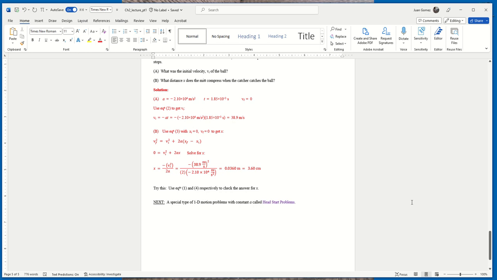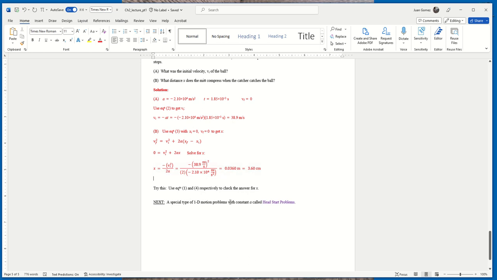Algebraically, solve for x. You want to bring the vi squared term to the other side. Just be careful, it now becomes negative. But it's negative, and then inside the parentheses you have vi squared, then divided by 2a. Then plug in the numbers. It's negative, but inside the parentheses it's 38.9 meters per second squared.